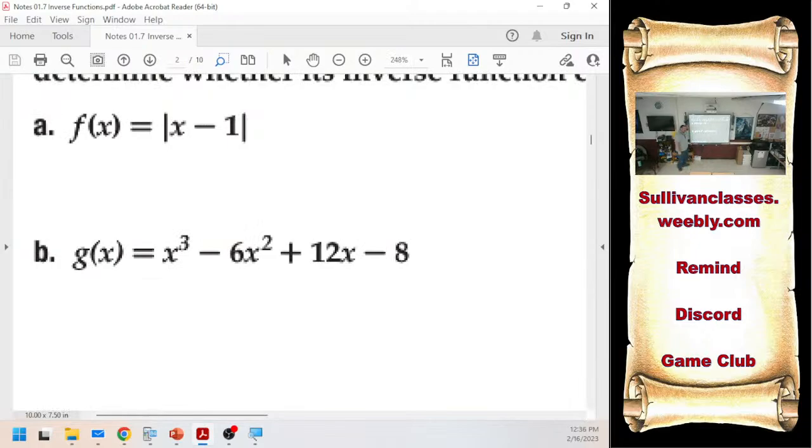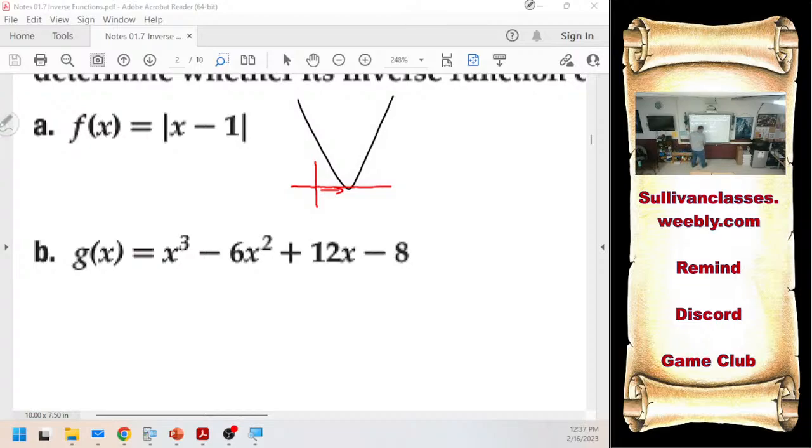Pretty simple. Do you know what this graph looks like? Yeah. What does it look like? It's a V. Is a V gonna pass? Right. Attaboy. Is a V going to pass a horizontal line test?